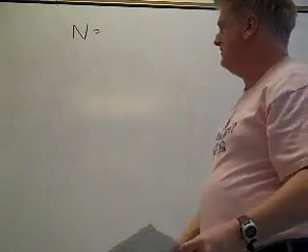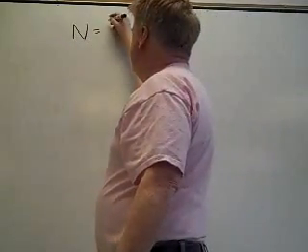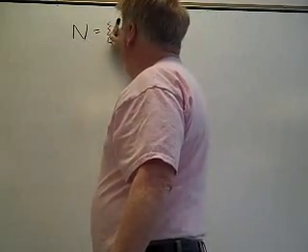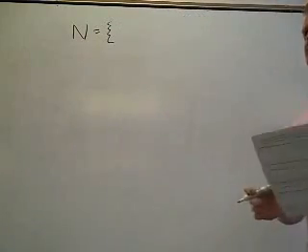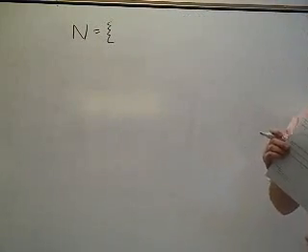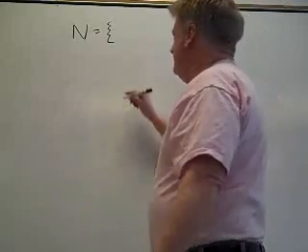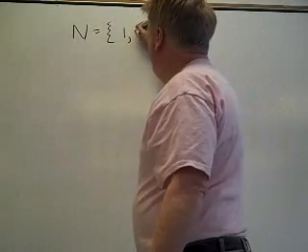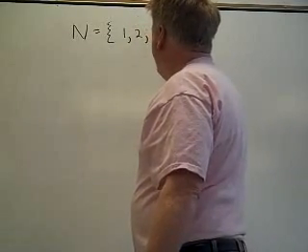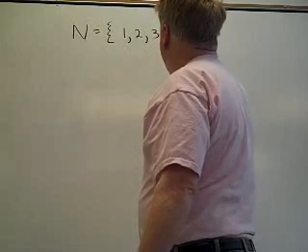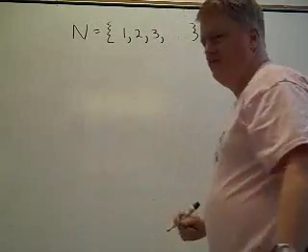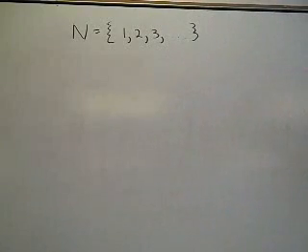Under the natural numbers, you might type this symbol or write this symbol. The natural numbers are basically this set of numbers that you'd count with. So they're sometimes called the counting numbers. They're numbers like 1 and 2 and 3 and so on. That's the natural numbers.